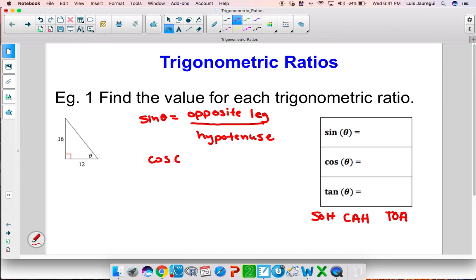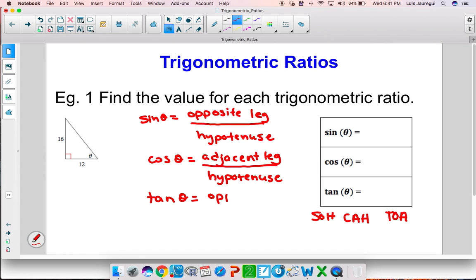Cosine of theta is equal to your adjacent leg divided by the hypotenuse. And tangent of theta is equal to your opposite leg divided by your adjacent leg.